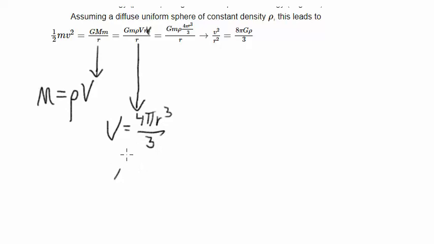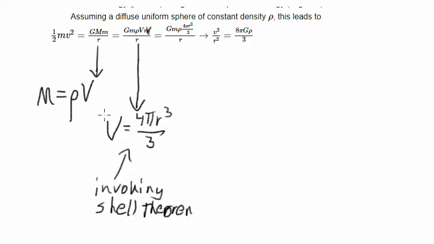And notice this is where I'm invoking the shell theorem, because this volume here is the volume of the internal sphere. It only extends out to r, which is the position of the particle, not the r of the whole sphere. And then this isn't an equality, it's an implies.